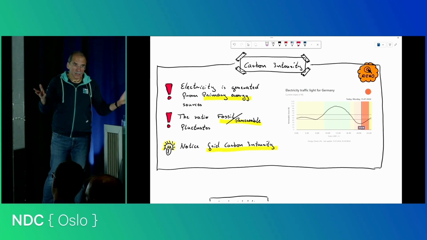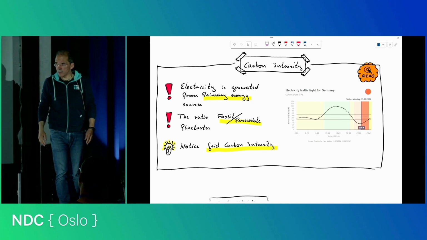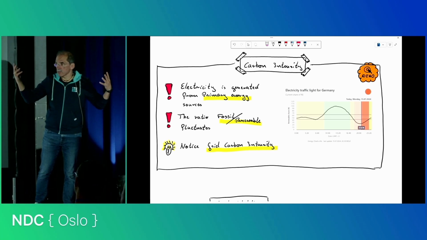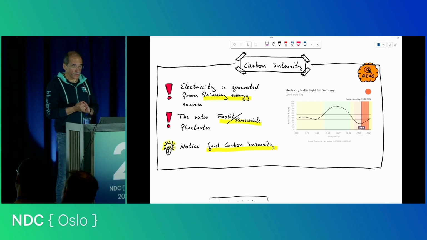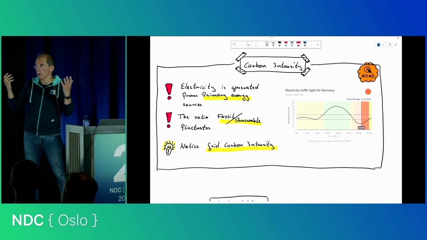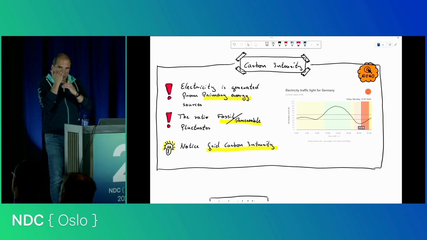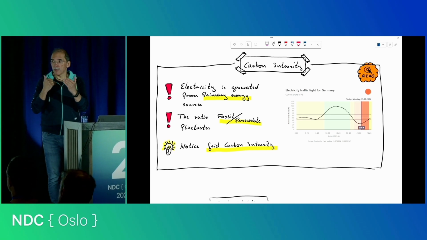Here in Norway, you have a lot of running water, so more or less the electricity power here in Norway is emission-free, but in other countries we burn a lot of fuels for that. But there is a mix of renewables and fuels.